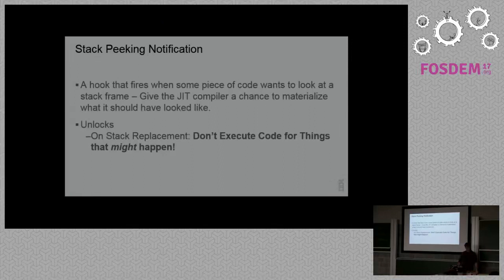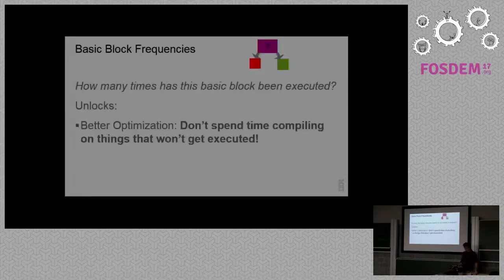Another piece of information that would be nice to get out of the VM is profiling information. Personally, I would love it if I could get the frequencies of basic blocks, which would tell me for a contiguous sequence of Ruby bytecodes, how often has that actually been hit? Or maybe how often has that been hit proportionally to how often the method's been invoked?